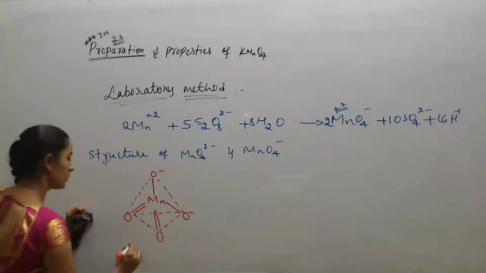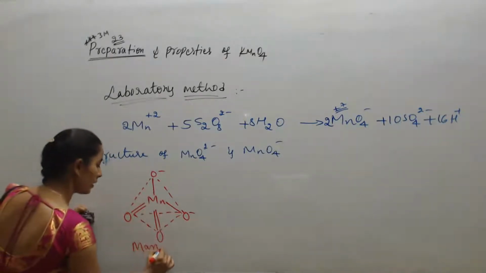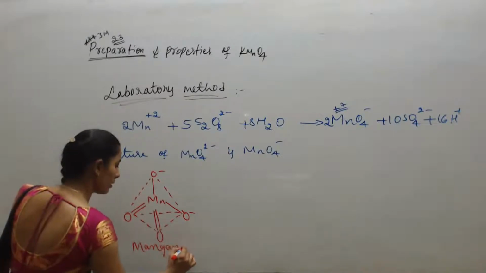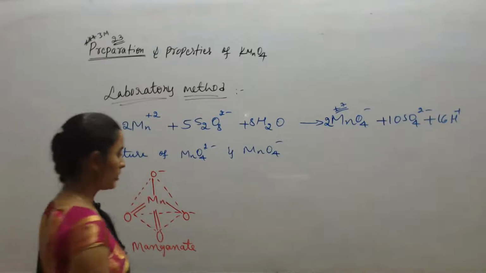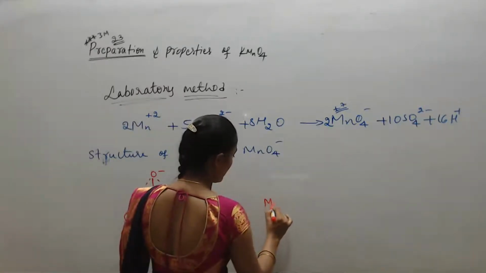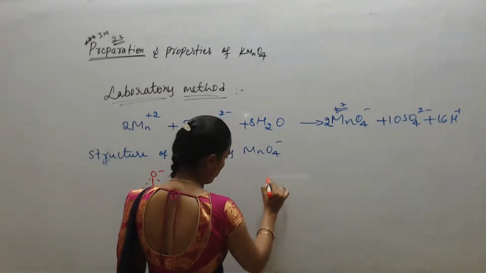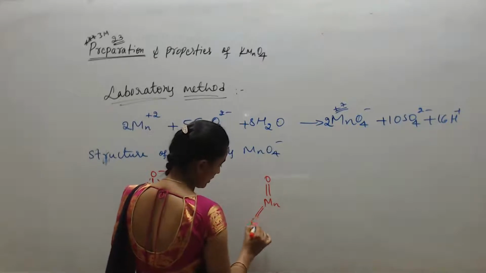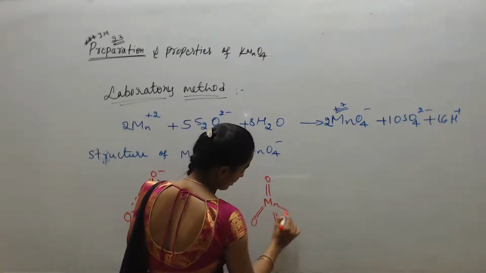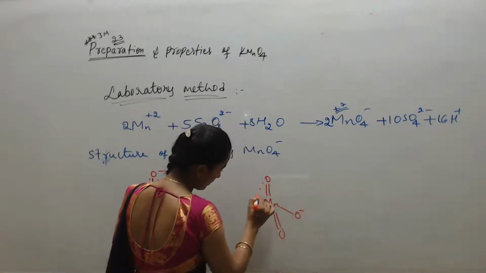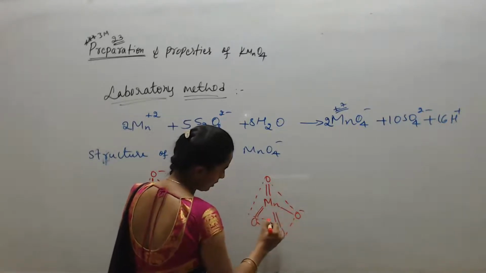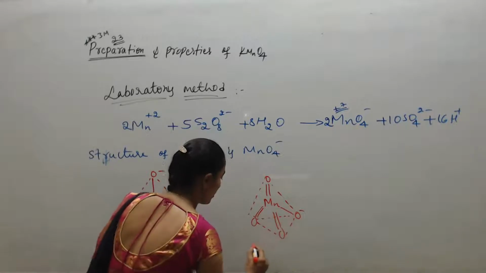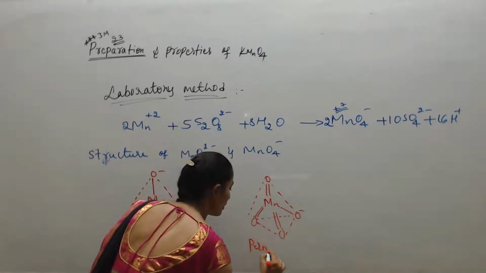This is the manganate ion. If you take Mn, here O minus means any one of the oxygen atoms possesses a minus charge, with tetrahedral geometry. This is the permanganate ion.